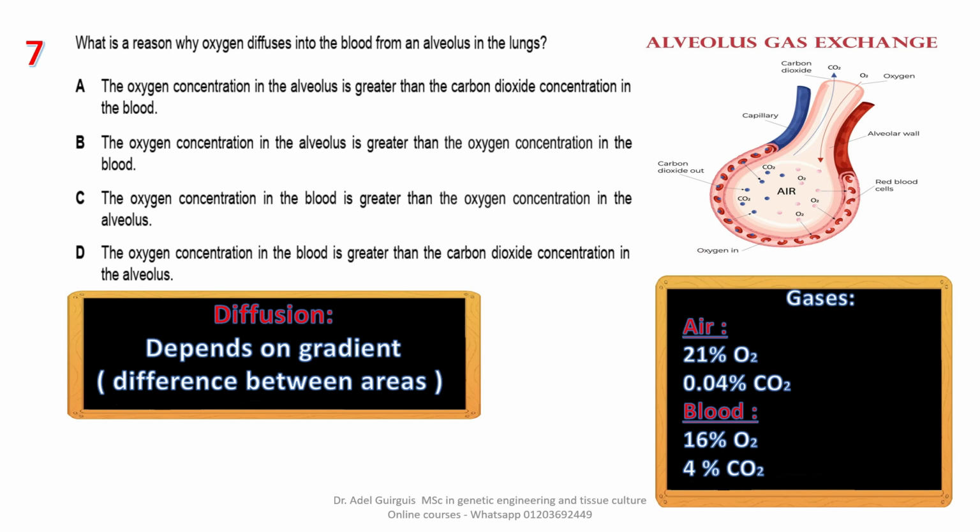So letter A is wrong. Letter B, the oxygen concentration in the alveolus is greater than the oxygen concentration in the blood. So oxygen diffuses from air to blood capillary. So the answer is B.